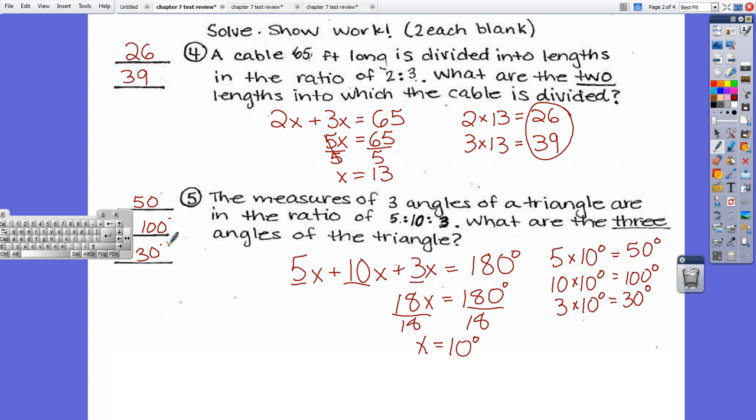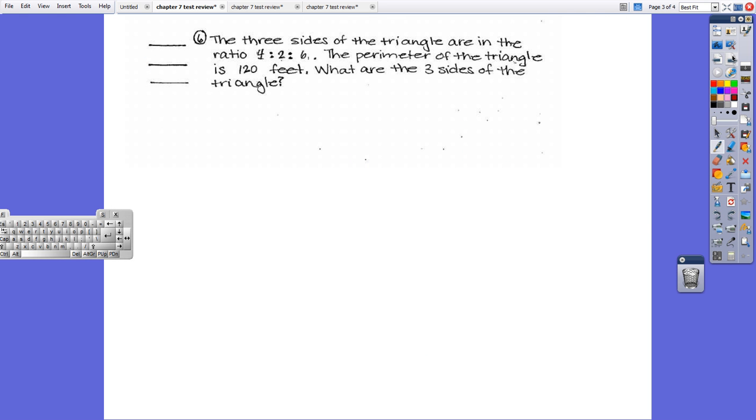The 3 sides of the triangle are in the ratio of 4 to 2 to 6. The perimeter of the triangle is 120 feet. What are the 3 sides? We do this the same way. 4x plus 2x plus 6x equals our perimeter, 120. 4 plus 2 plus 6 is 12x equals 120.